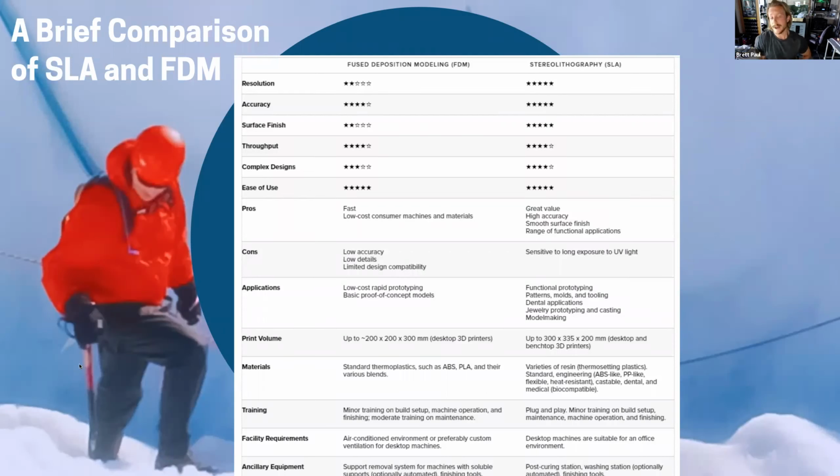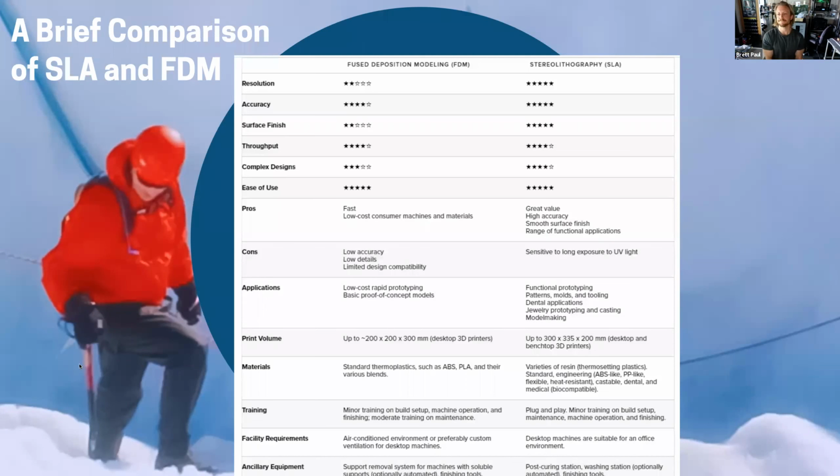Whereas with FDM, $200 or $300 will get you started with a printer, and then they can go up to, I don't know, $5 grand, $6 grand, but they also cap out lower than SLA. So yeah, FDM is generally not only cheaper to begin with, it's cheaper to maintain.